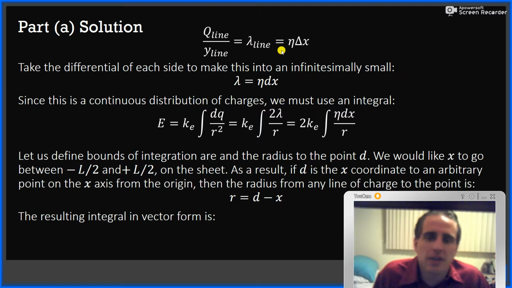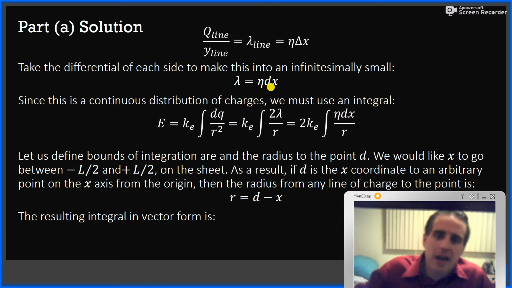A differential means we shrink things down to infinitesimal size. So lambda is not lambda of just a strip, it's lambda of a line, and the line has infinitesimally small width, and that's eta times dx. Okay.